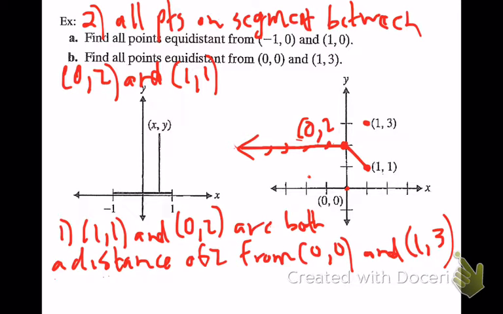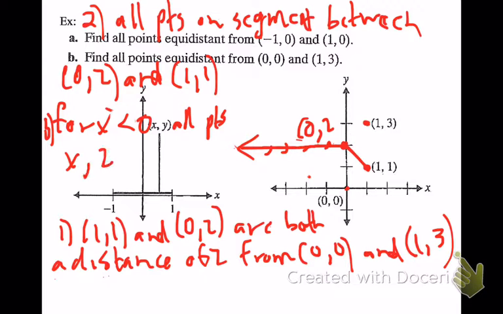So the third thing we have is for x less than 0, all points y equals 2, right? That covers that.